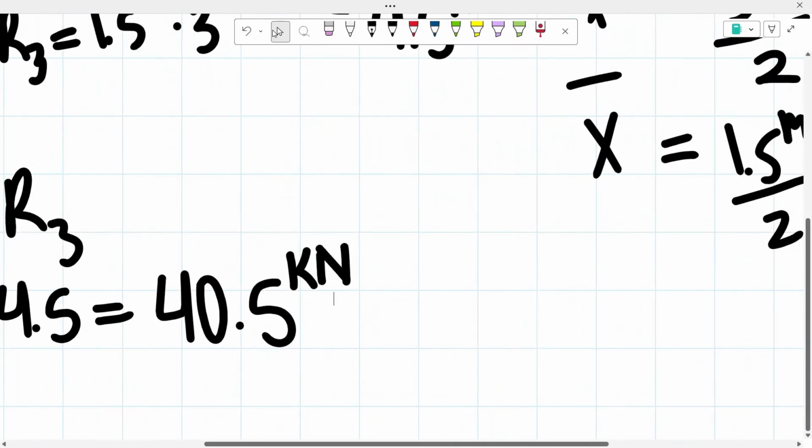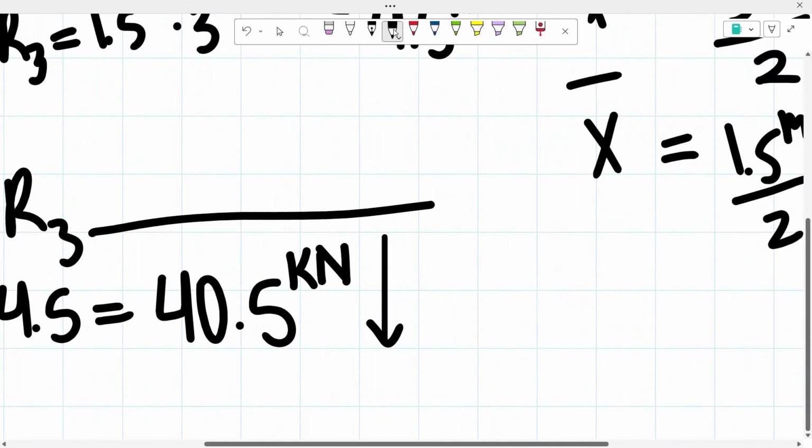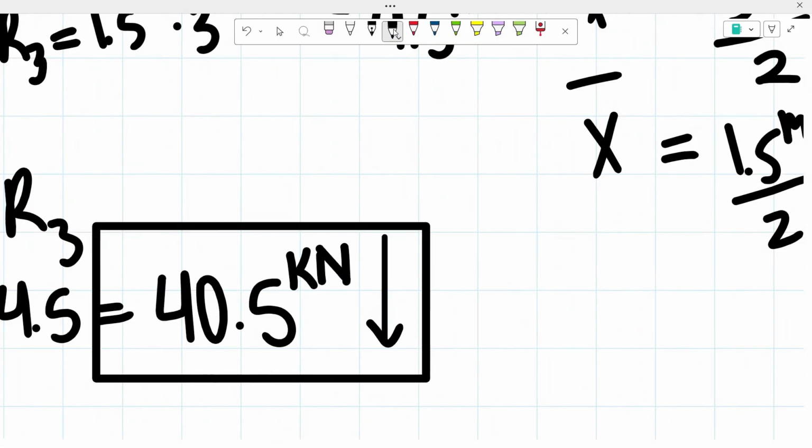And we know that that loading is going to be acting downwards. With that, we are done determining the magnitude of that resultant force.